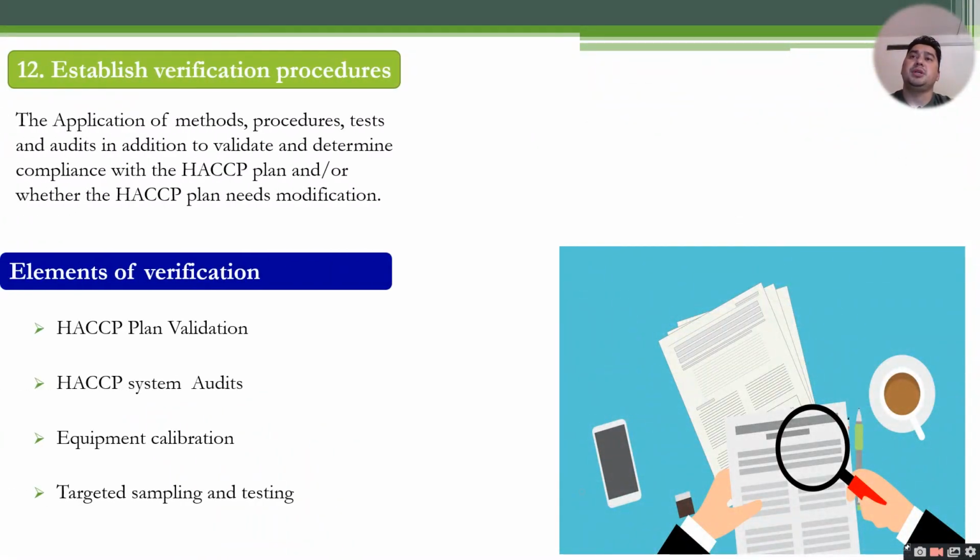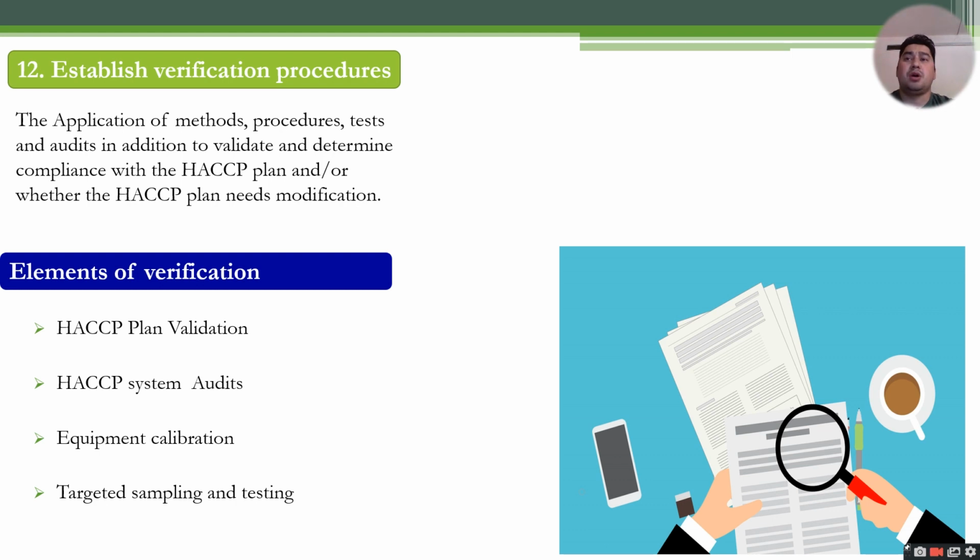After that, we have the established verification procedure. We have to verify that our HACCP system is working properly, that it is removing or reducing the hazard to an acceptable level, and that we are producing safe food product for our consumer. This is the application of methods, procedures, tests, and audits in addition to validation to determine compliance with the HACCP plan and whether the HACCP plan needs modification.